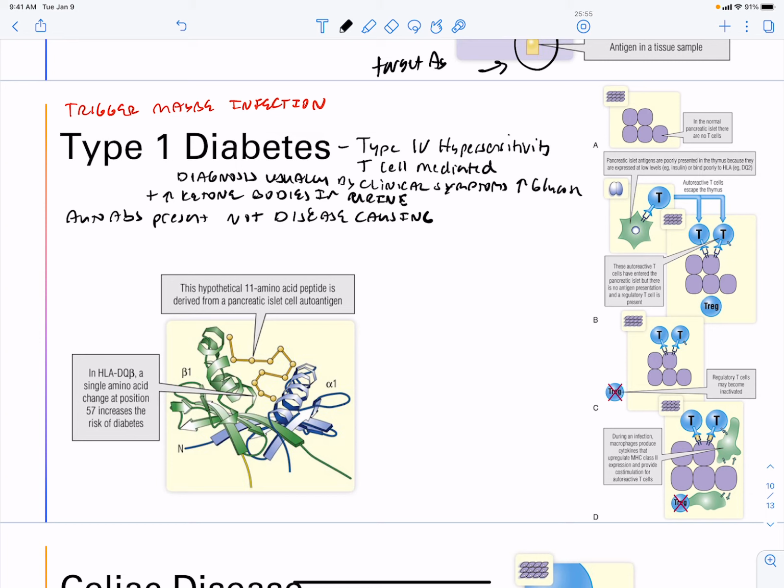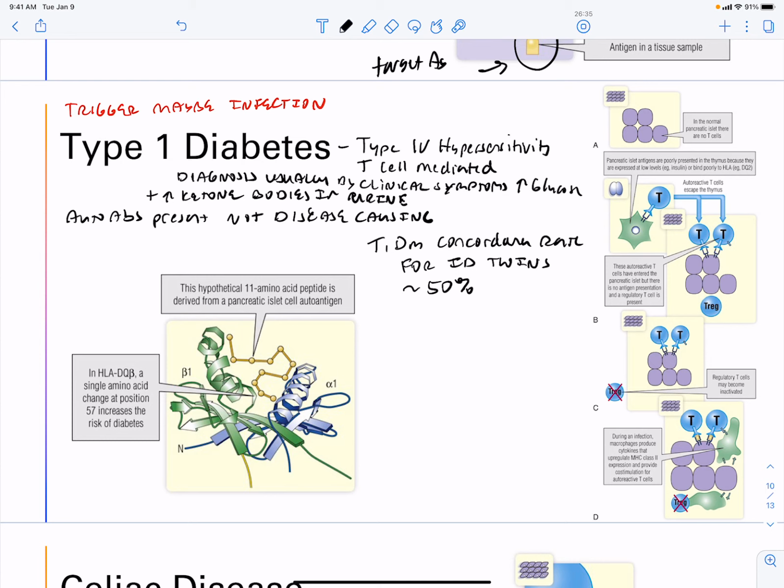Okay, so there is going to be a concordance rate associated with a lot of these autoimmune diseases. And remember, concordance rates are how likely a sibling or a twin is to get the disease. So in type 1 diabetes, the concordance rate for identical twins is about 50%.